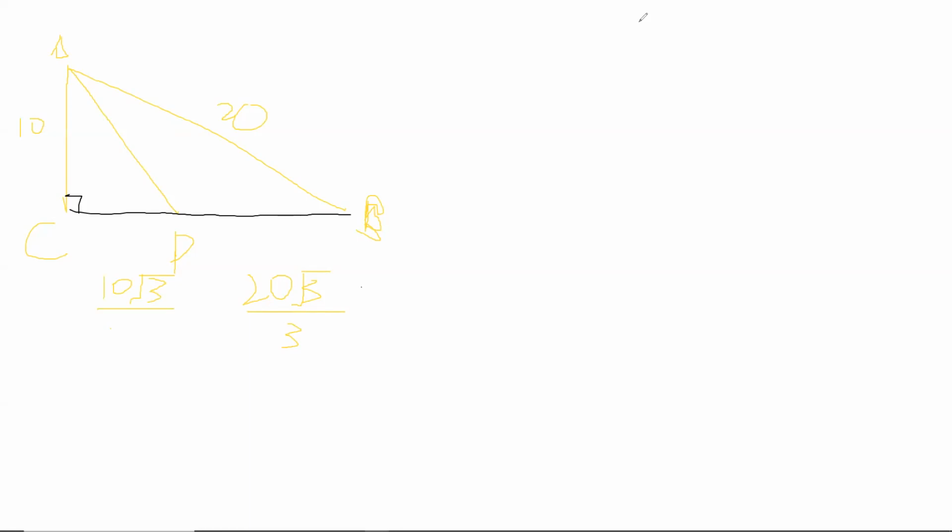Oh, actually, no. Is there another right angle there, right? No, it isn't. Not a right angle. So you should draw it carefully. So you should draw it like this.